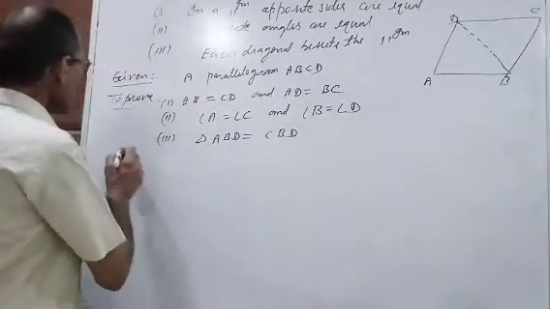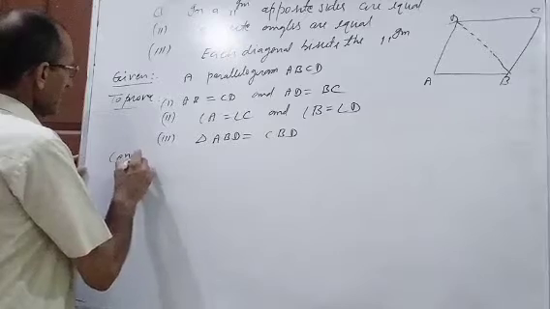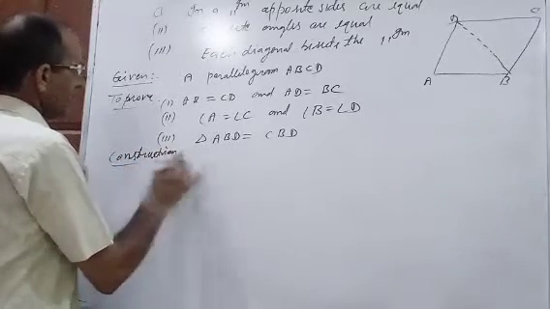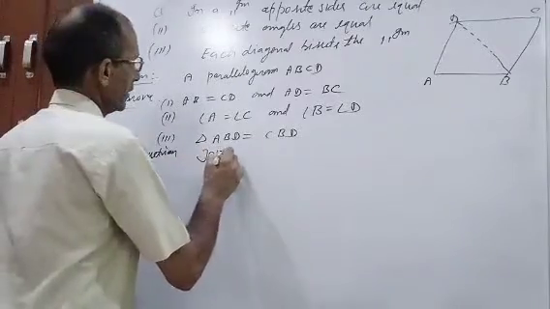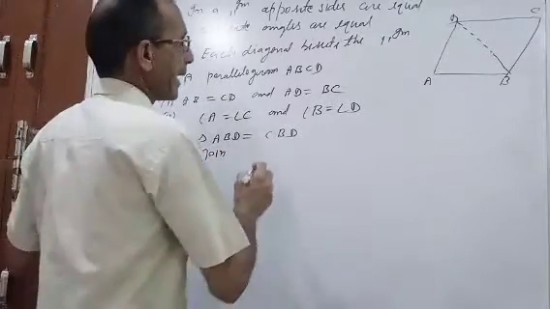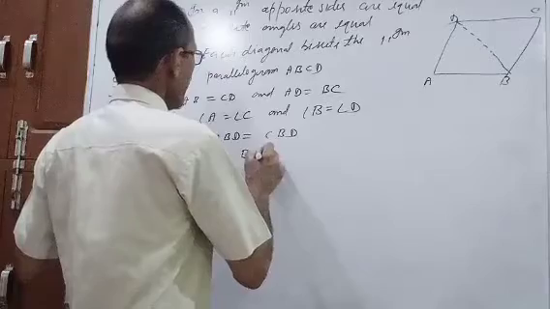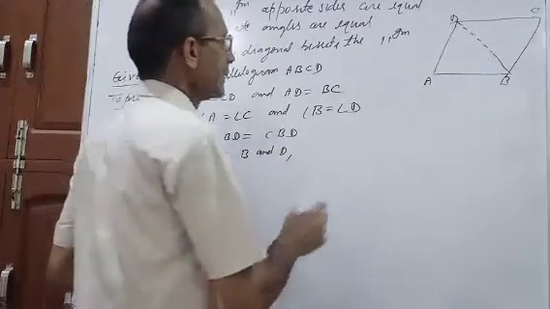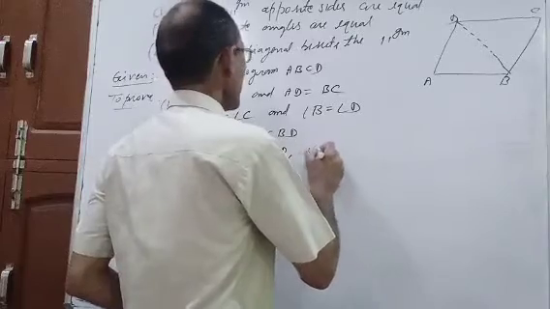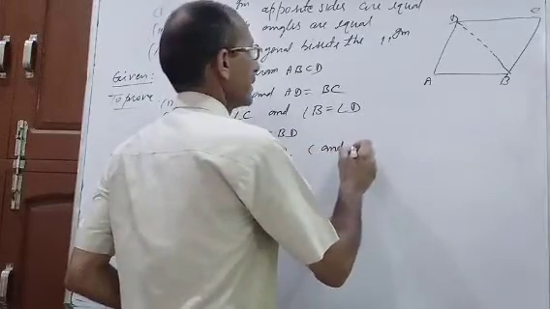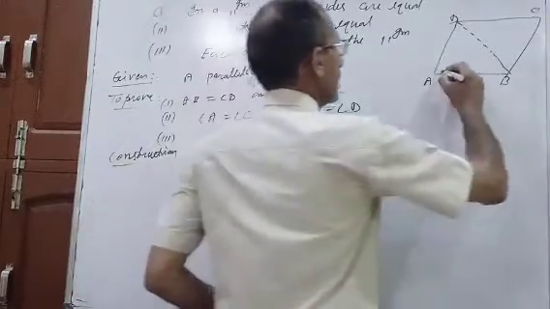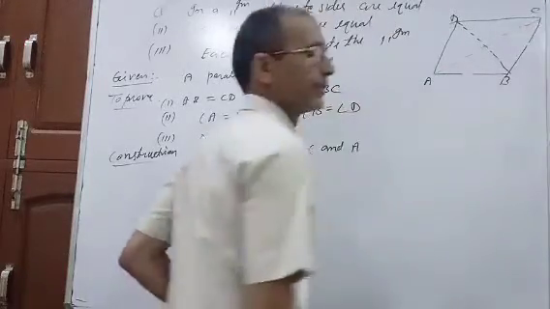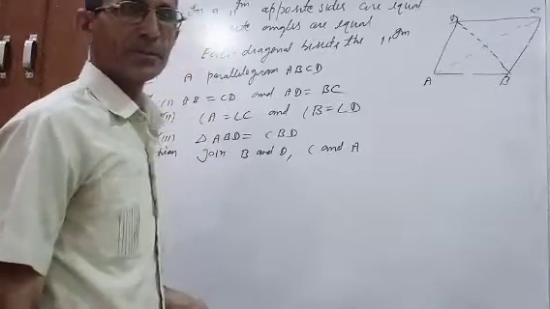Now construction. Join BD, B and D, and C and A. Any doubt, any confusion?